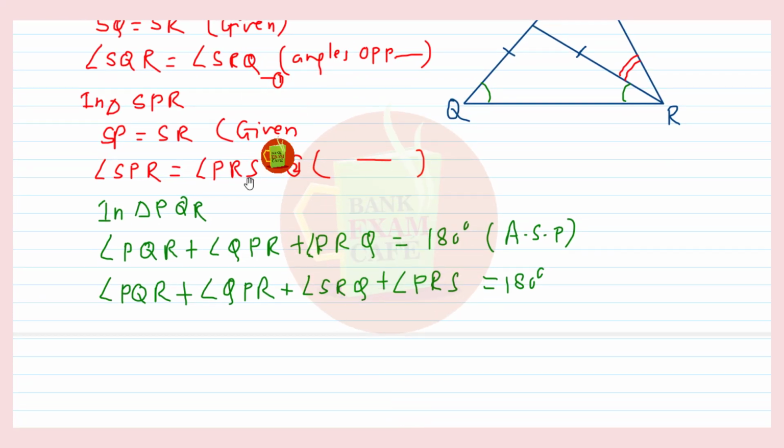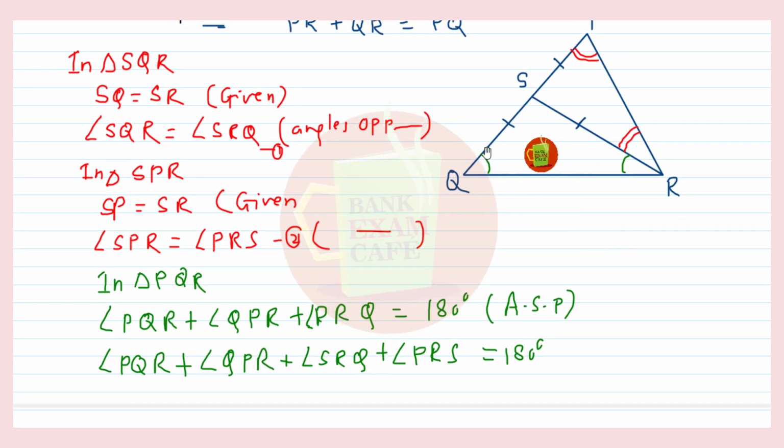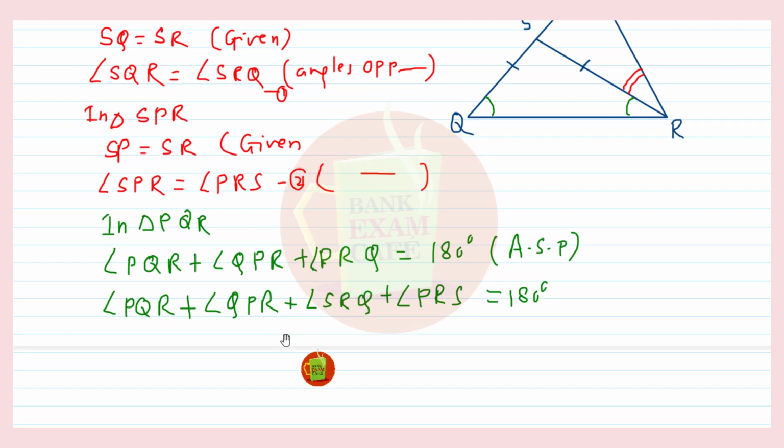Now here from 1 and 2 we see that, friends, this angle PQR and this SQR both are the same thing. So angle SQR is equal to angle SRQ. So this PQR can be replaced by SRQ. So it will be SRQ plus this angle QPR.